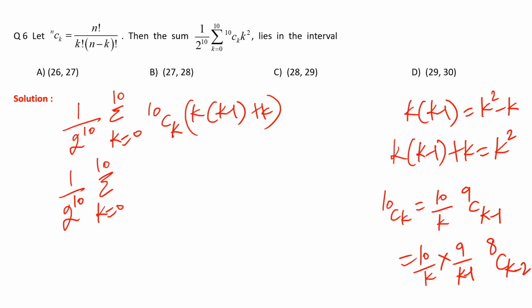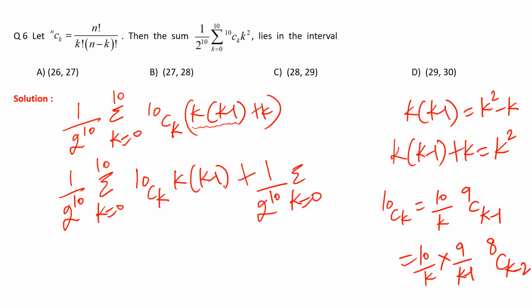Because we have to cancel the term k into (k minus 1) when we multiply 10Ck with this term, otherwise the sum cannot be found. So this is 10Ck into k(k minus 1). This is one summation, and now I am separating another one as 1 upon 2 to the power 10 summation k equal to 0 to 10, 10Ck into k.